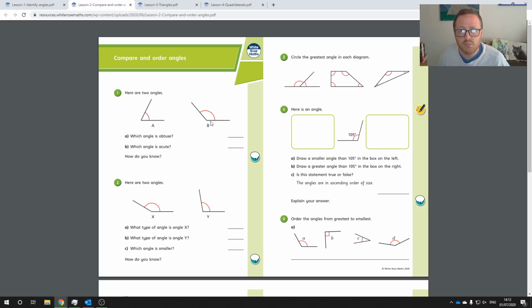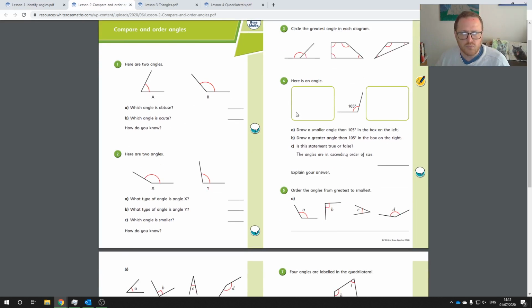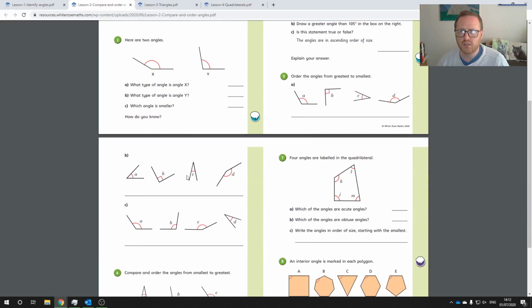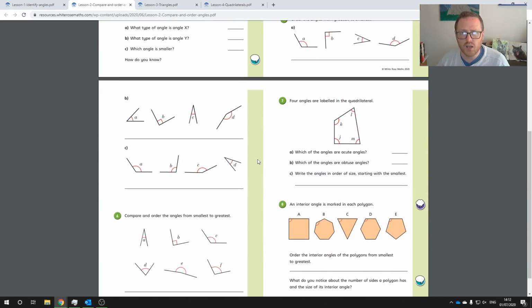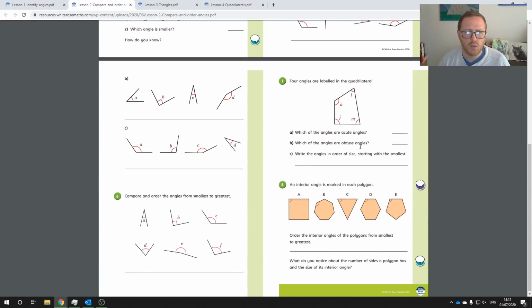This one here is the bigger angle. If I started facing one way, point A, I'd only have to turn a little bit, but for point B, I'd have to turn quite a lot in order to face the other way. So again, identifying obtuse angles, acute angles, right angles. You might have to draw some angles, but it's about putting angles in order of size and comparing them.